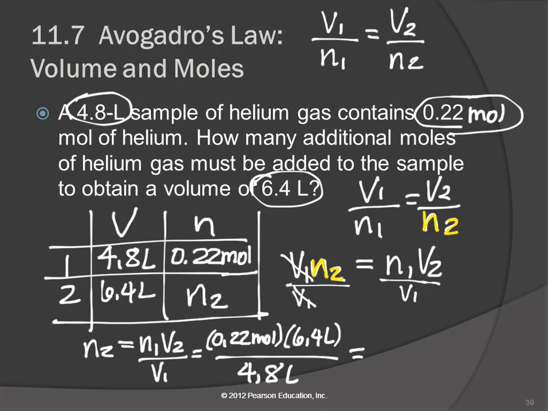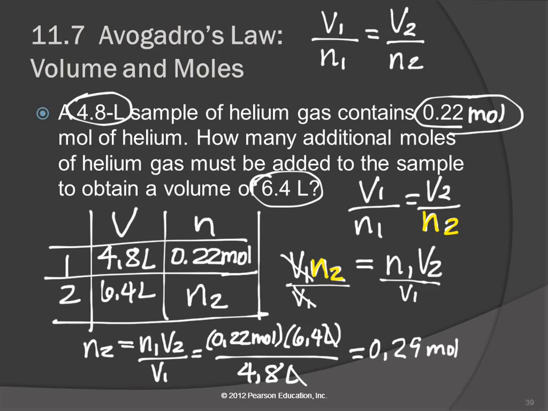And when we look at these units, the liters cancel out. 0.22 times 6.4 divided by 4.8 is 0.29 moles.